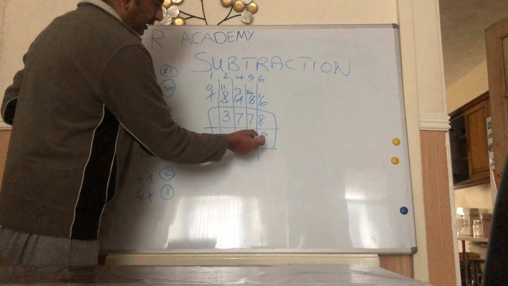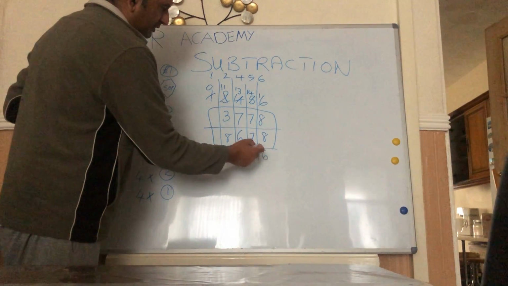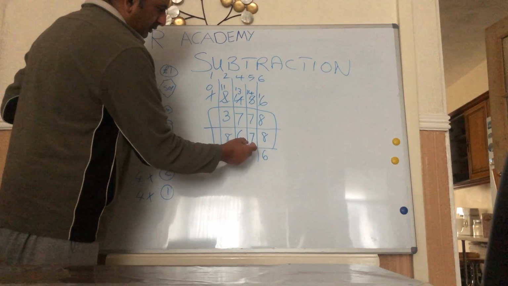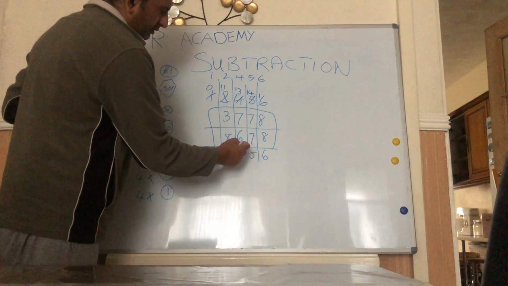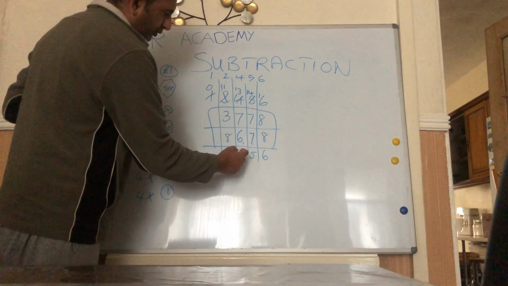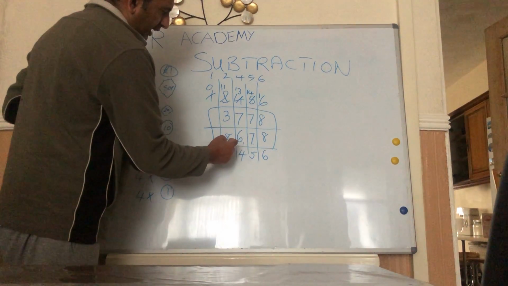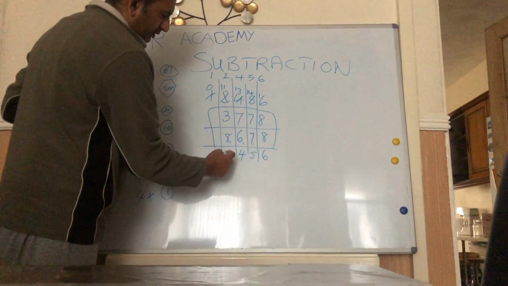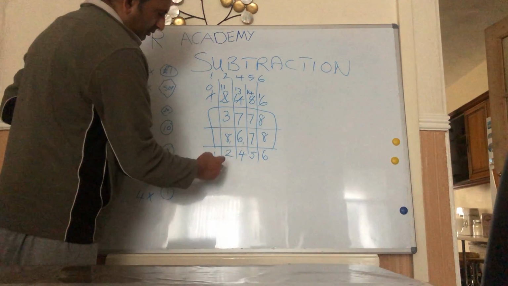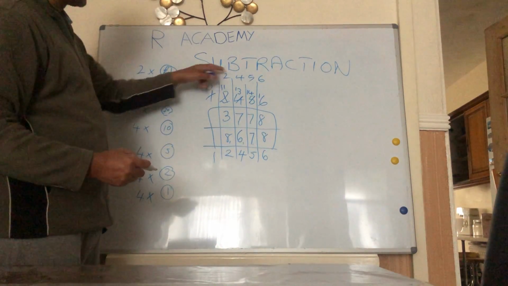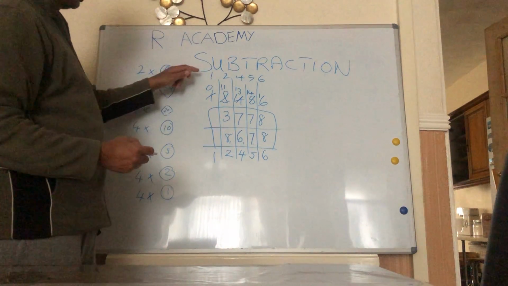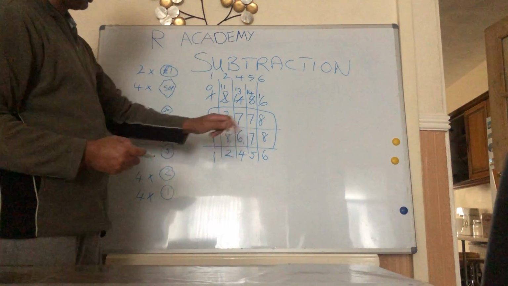So 8 plus 8 is 16. 8 plus 7 is 15. 7 plus 7 is 14. And 9 plus 3 is 12. There we have that answer should be equal to this answer. 12,456, 12,456.